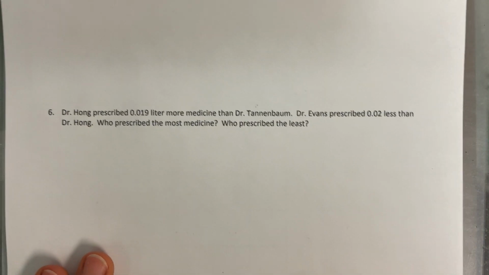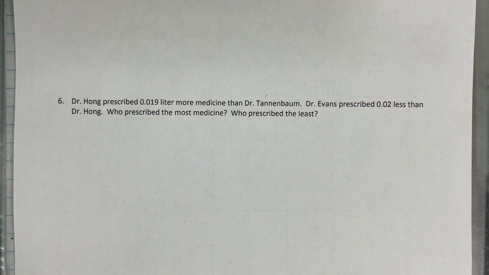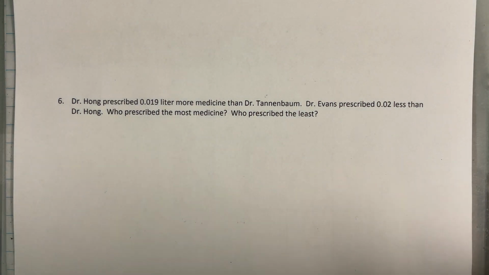Last one. This one's a little tricky, but I'm going to do some tape diagrams to kind of show you what's going on in this one. It says Dr. Hong prescribed 19 thousandths liters more medicine than Dr. Tannenbaum. So I'm going to draw, and then we have another doctor too.